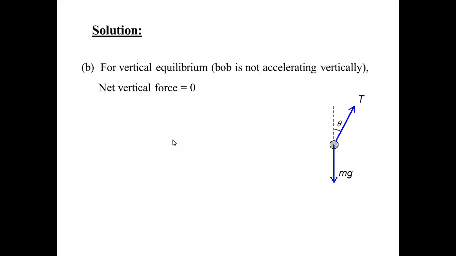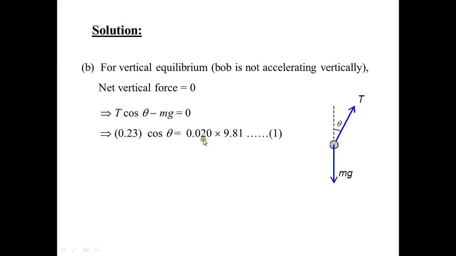It stays at that height, so the net force must be equal to 0. So I will have T cos theta equal to mg. Tension T was already obtained from part A, which is 0.23. Mass is given as 20 gram, so convert that to kg. The only unknown here will be theta. So from here you solve for theta, which is 31.5 degrees.